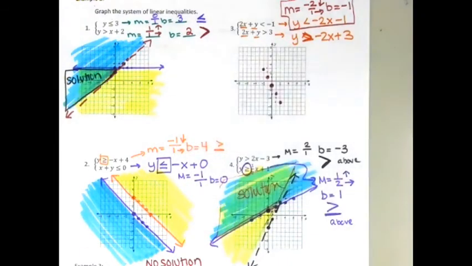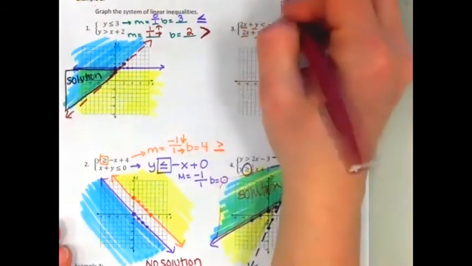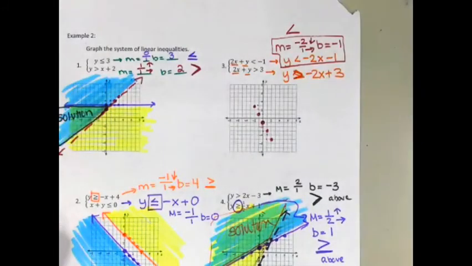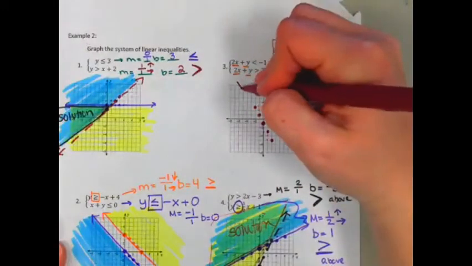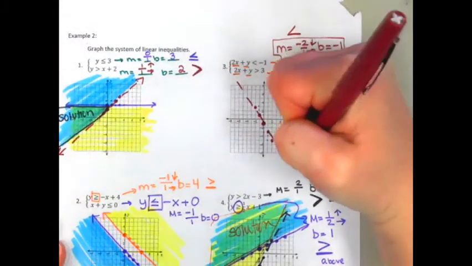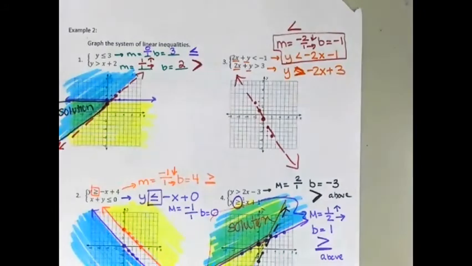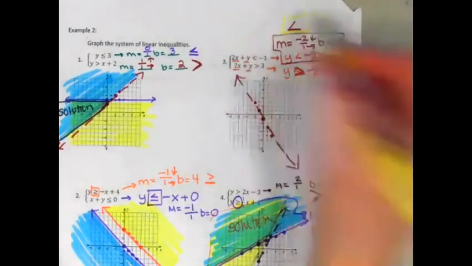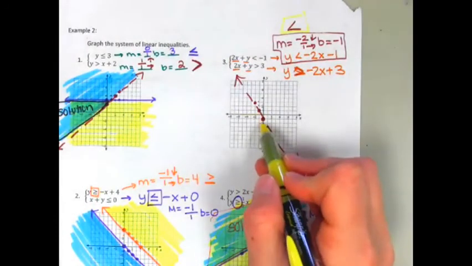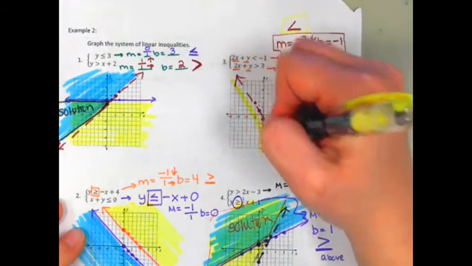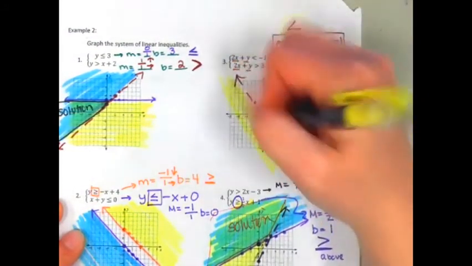Now, what's my inequality sign there? Less than, right? Dotted or solid? Dotted. And which way do I shade, above or below that? It's less, so below, right? So if I'm at -1, below would be -2, -4, -5, all of that. So we know we have to be on this side of mine. You guys okay with that?